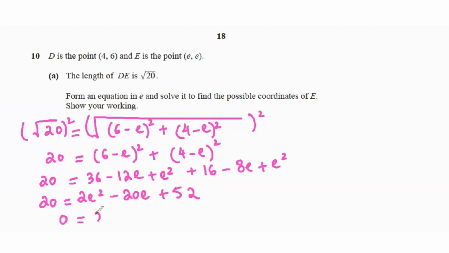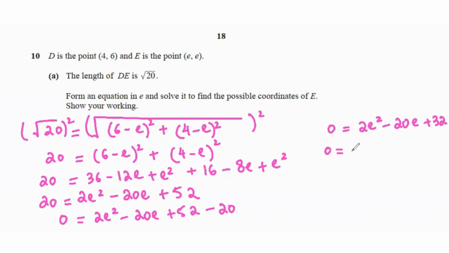So bring the 20 to the other side: 2E square minus 20E plus 52 minus 20. And that's going to leave us with 2E square minus 20E plus 32. That is our equation. And now we're going to factorize this. So first I'm going to divide everything by 2. That leaves us with E square minus 10E plus 16.